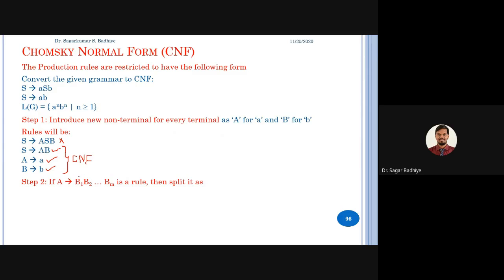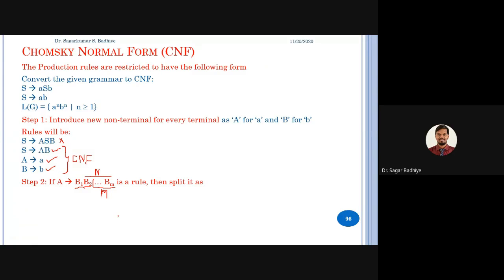So if this kind of rules are there, then we'll keep the first non-terminal as it is and replace the remaining part of the string by a new non-terminal, right? Then again we'll add a rule for this new non-terminal such that it will derive to the starting part of the remainder, that is B2, and the remaining will again be replaced by another new non-terminal, let us call it M, right?